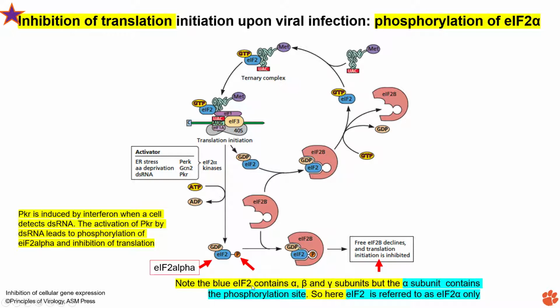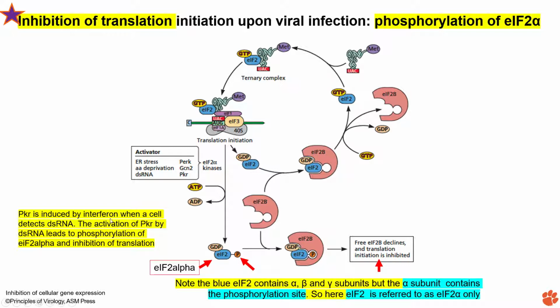Note the blue eIF2 contains an alpha, beta, and gamma subunit, and the alpha subunit contains the phosphorylation site. So here eIF2 is referred to as eIF2 alpha only. So in the quiz or question, I will ask eIF2 alpha. It could be spelled out, remember that. It could be ALPHA instead of alpha. So this eIF2 is basically eIF2 alpha.